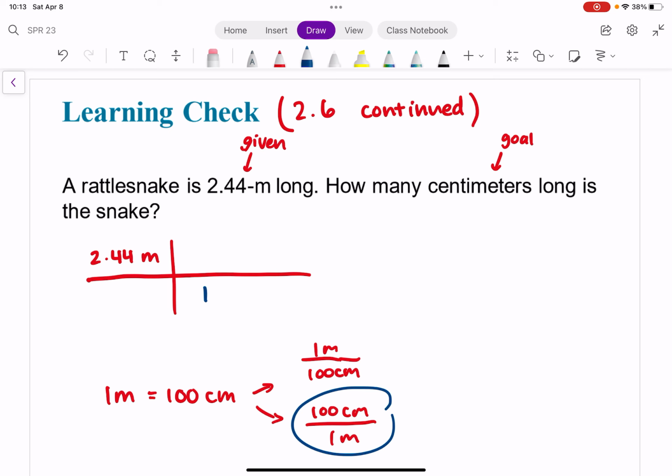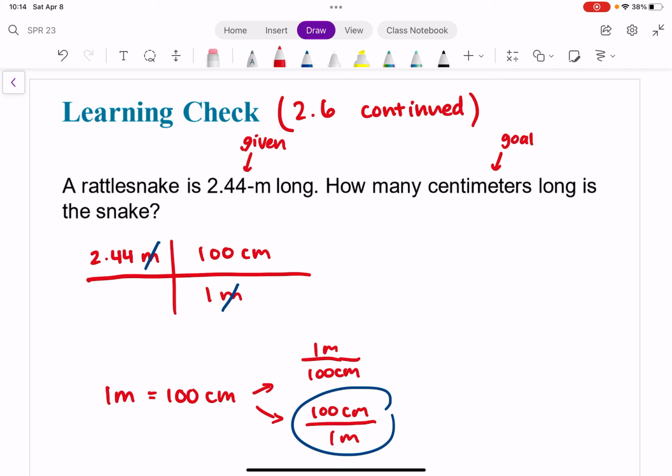So let's go 1 meter and 100 centimeters. Sorry, I didn't really mean to be in blue. 100 cm over 1 meter. Now that's going to allow us to cancel out those meters because we see them in the top and the bottom, right? So cancel those out, and then we're left with centimeters, which is what we wanted in the first place.